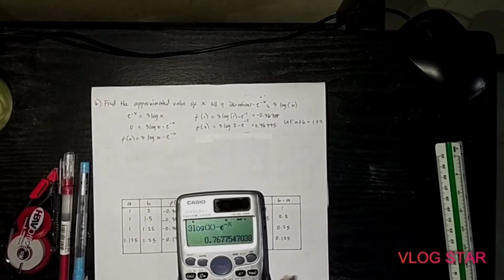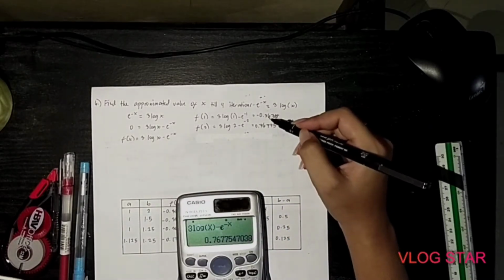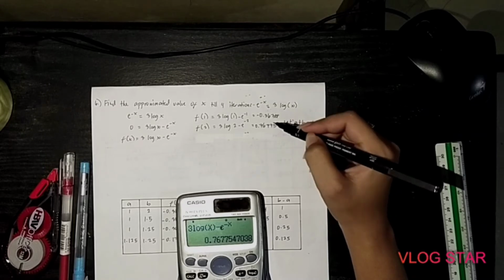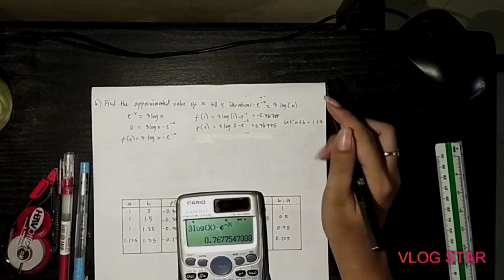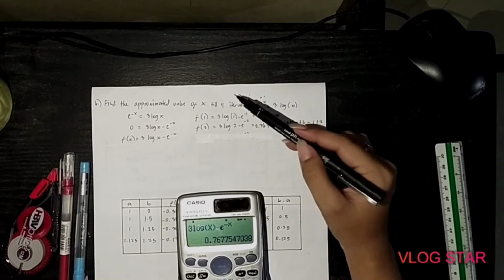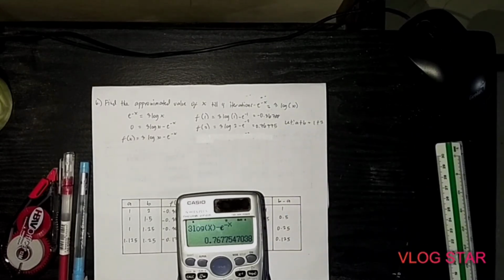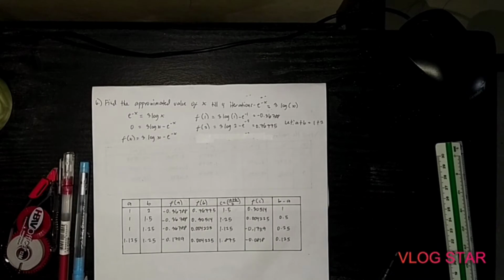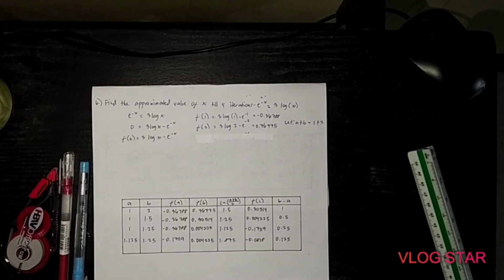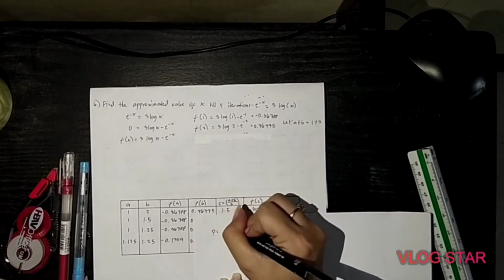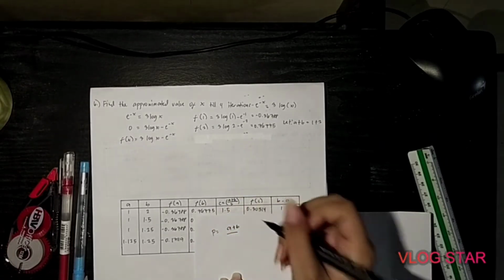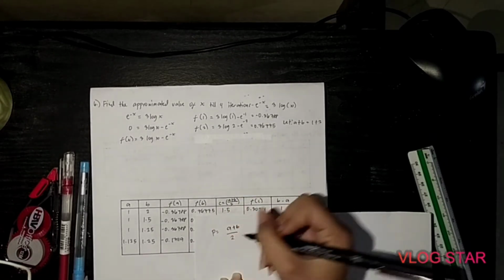So now at 2, the function will be 0.76775. And now in solving for the iterations, we have the formula, which is p equals a plus b divided by 2.